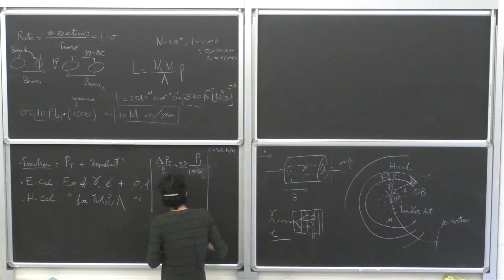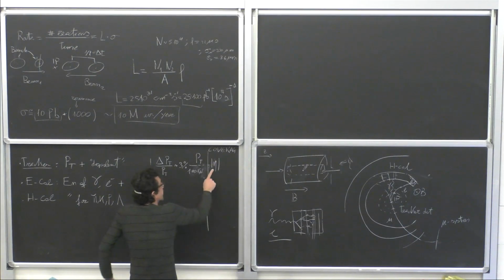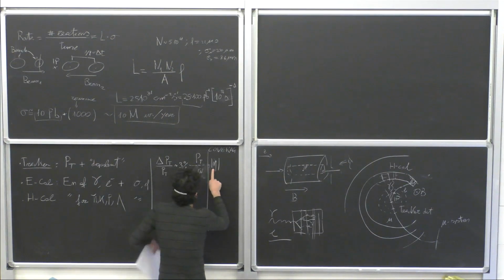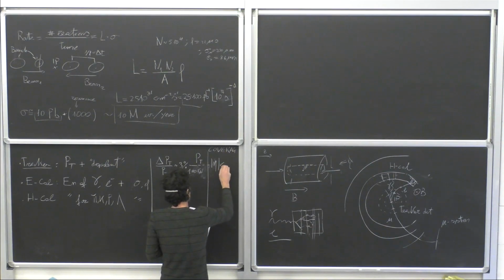So in the case of trackers, these are numbers from the LHC, more or less, but the pseudo-rapidity, this quantity I told you, is associated with the angle for a massless particle. So the pseudo-rapidity for which you can do tracking is smaller than 2.5, which corresponds to around 10 degrees.